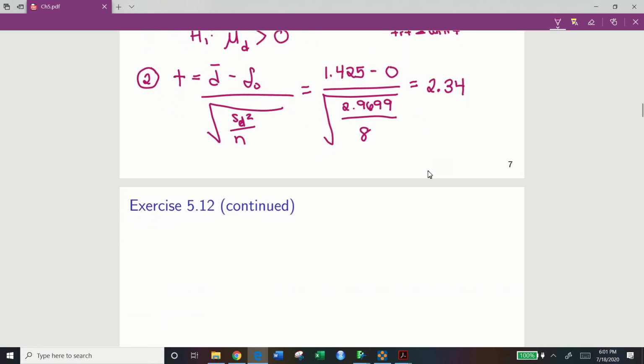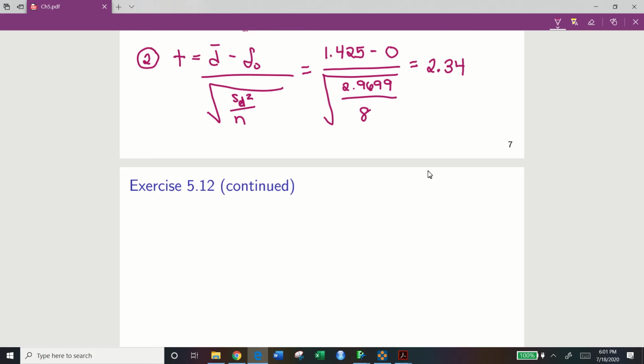Excellent. This brings us to our step 3. And we know that we are going to reject our null hypothesis if t is greater than t alpha. This is based on our alternative hypothesis being greater than, which means we now need to figure out what our t alpha is.